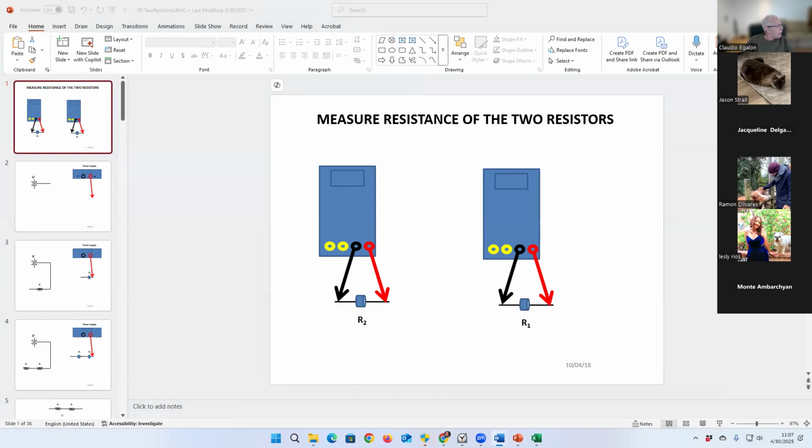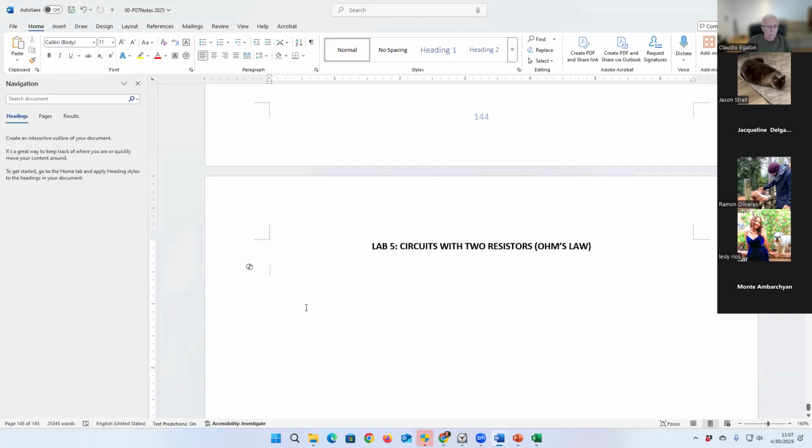So the objective of this lab is to verify Ohm's law experimentally. Okay, here you go. That's the objective. Verify Ohm's law experimentally using a circuit with 2 resistors in series.